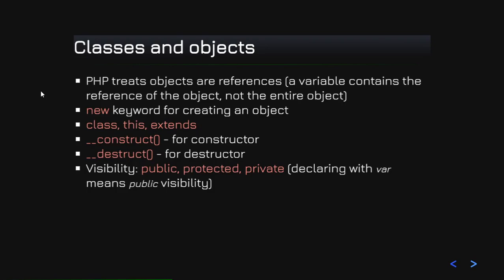This for referring to the local object, the current object. Extends for inheritance. Construct for defining a constructor function. Destruct for defining a destructor function. And visibility access modifiers: public, protected, and private. As a note, if I declare a field or a property with var, then this means public. This is actually the public default.